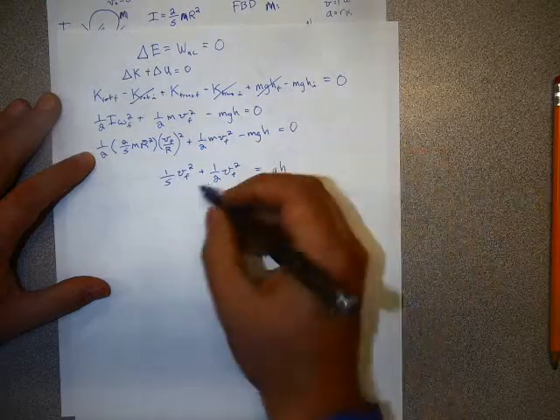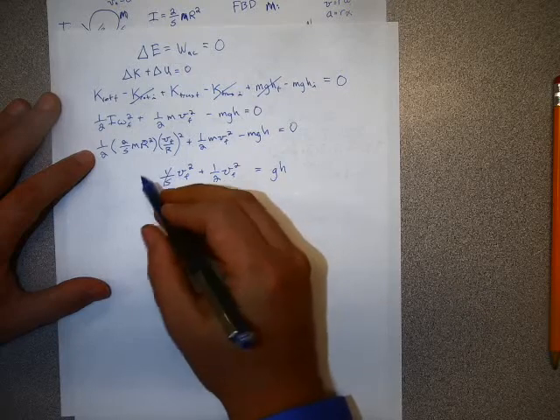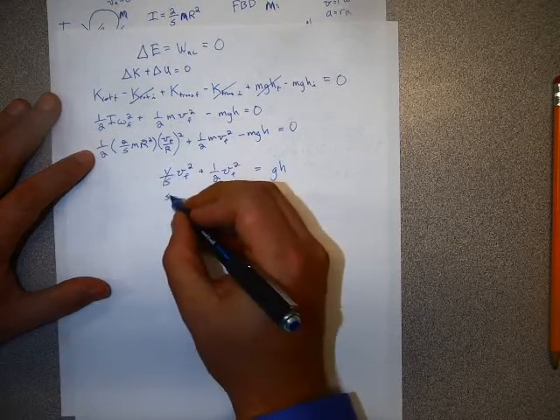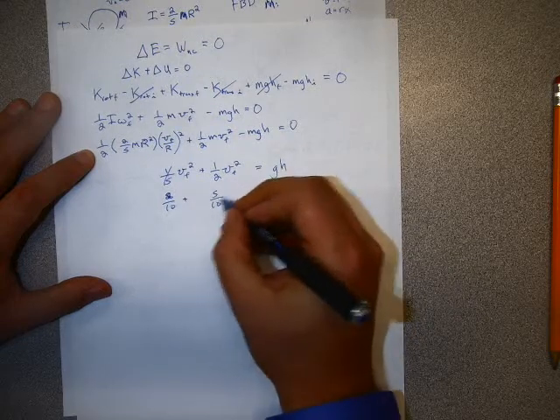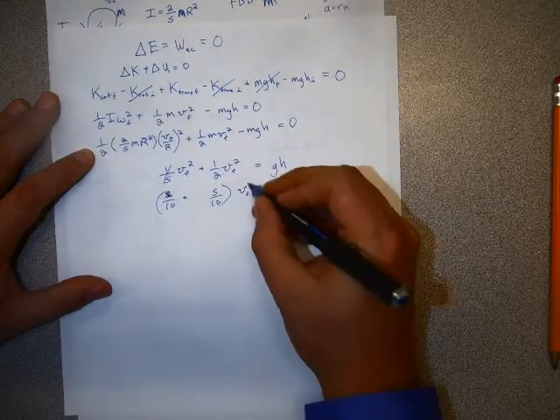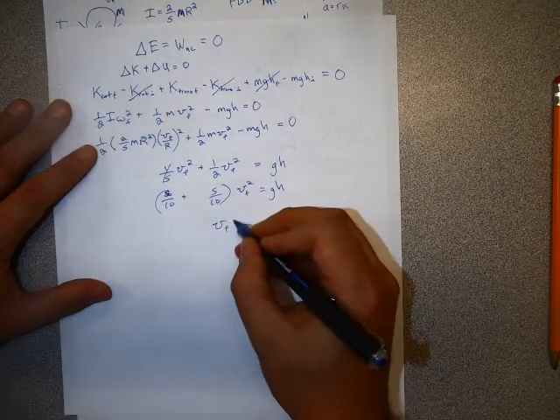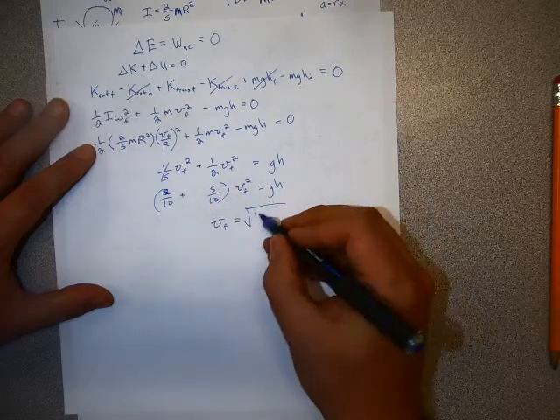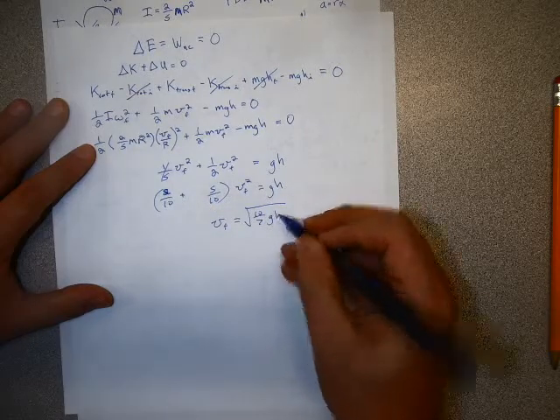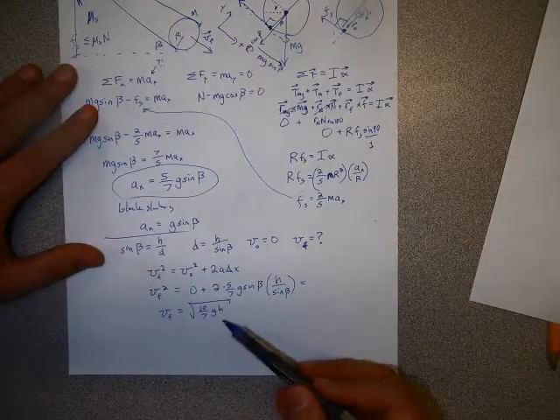This must be equal to gh. If we go to tenths here, this is 2 tenths plus 5 tenths v final squared equals gh. And so v final then must be equal to the square root of 7/10 moved to the other side is 10/7 gh, which is, I think, yeah, that's just what we got on the other side.